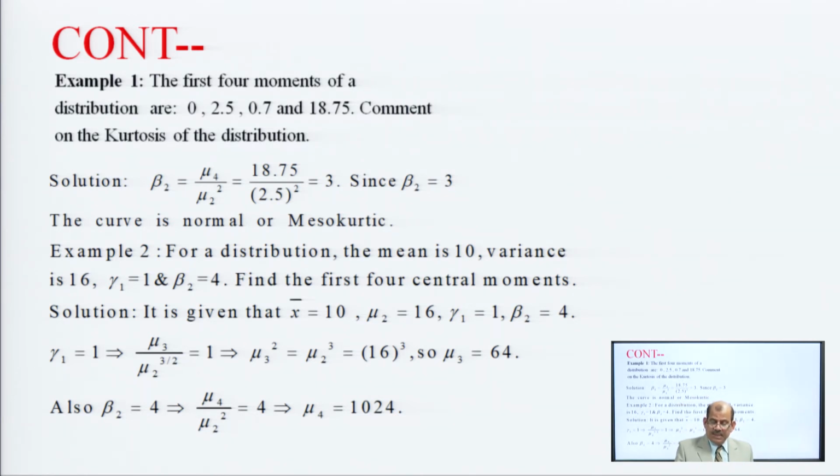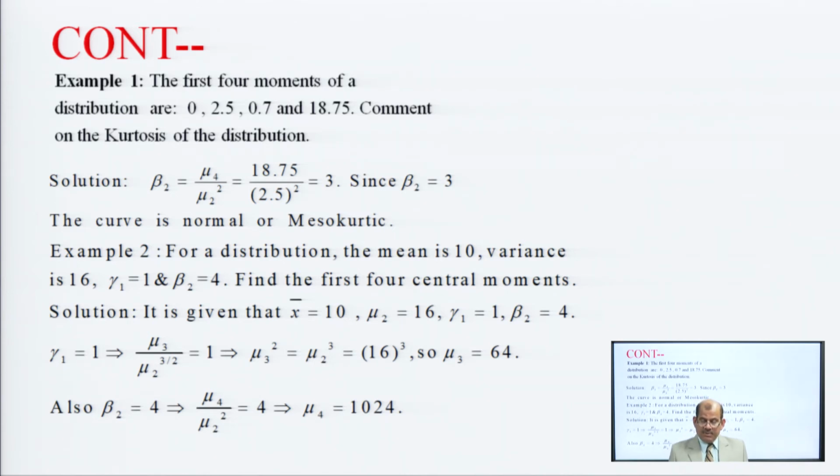Example 2. For a distribution, the mean is 10, variance is 16, gamma 1 is 1, beta 2 is 4. Find the first 4 central moments, which means we have to find mu 1, mu 2, mu 3 and mu 4. Here gamma 1 is equal to 1, means mu 3 divided by mu 2 raised to power 3 by 2 is equal to 1, so mu 3 square is equal to mu 2 cube, which is 16 cube.